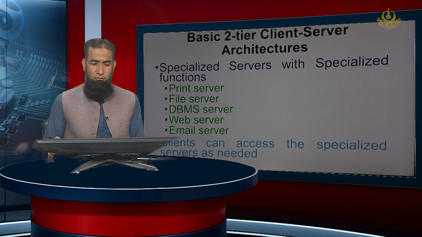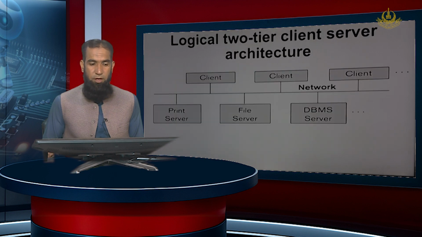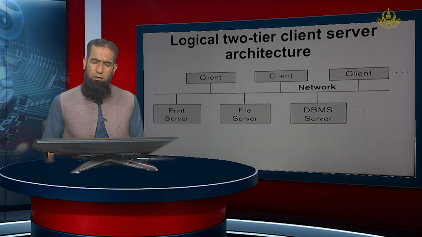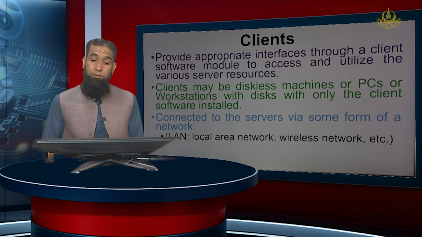Clients can access these servers when needed. The logical two-tier client server architecture is basically that there are some clients that can access any server. Clients can generate a request and the server can respond to these requests.